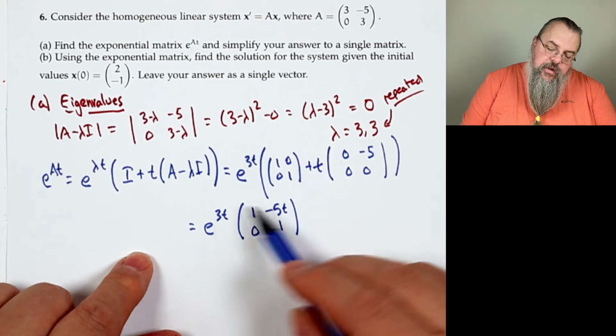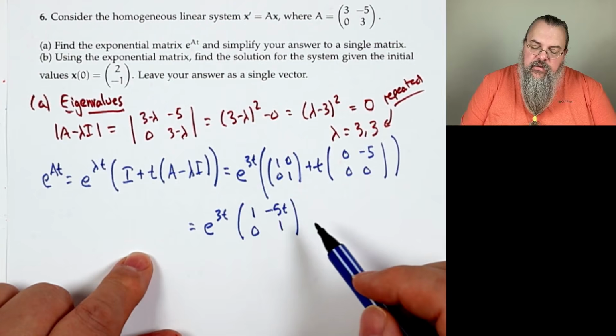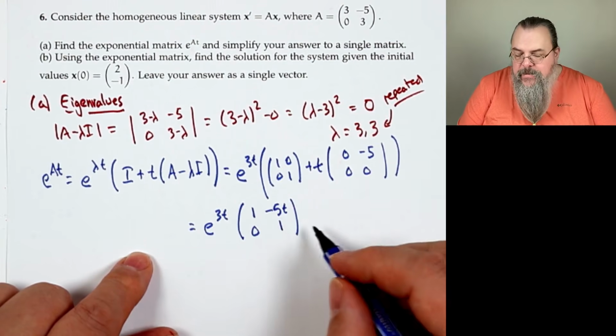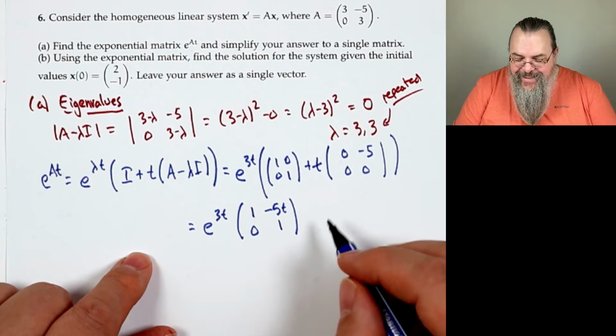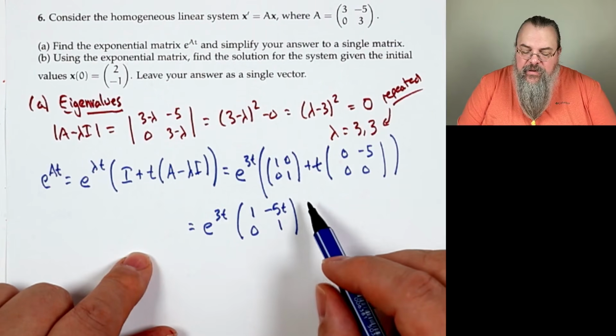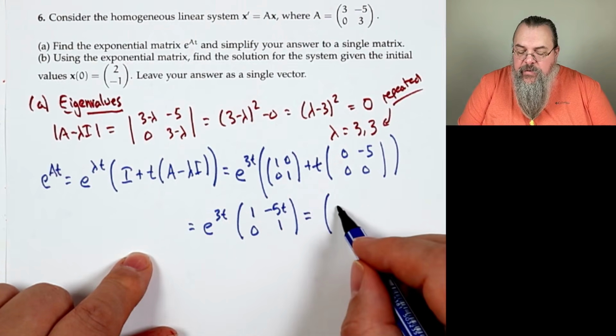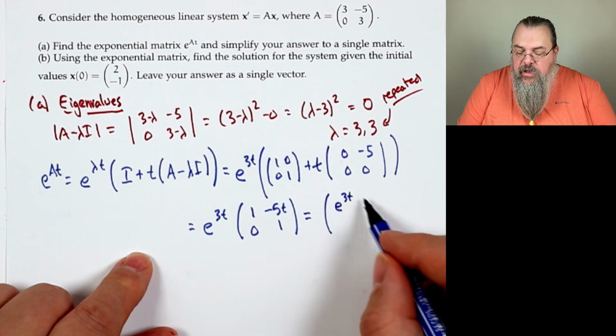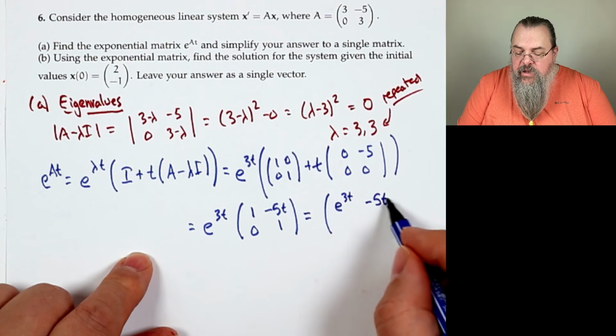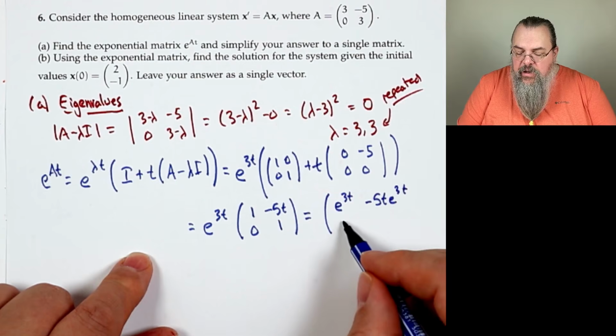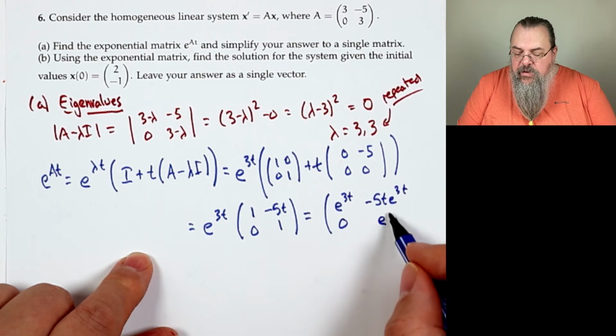The question is, do they want to insist that the e to the 3t goes in? I don't know. I feel good about this answer, but we could also just distribute that e to the 3t in. So I'll do that: e to the 3t, minus 5t e to the 3t, 0, and e to the 3t.